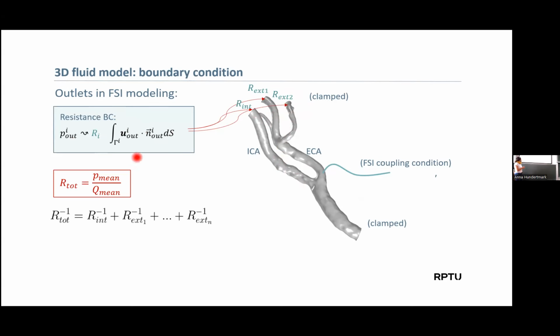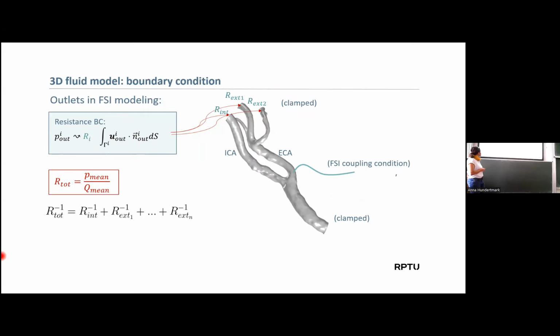The principle of the resistance boundary condition: we need to prescribe pressure, resistance times total flow rate. You have the total resistance, and then you have the same relation between the total and the particular resistances. But now it is not the whole story, because now imagine that the wall is moving.